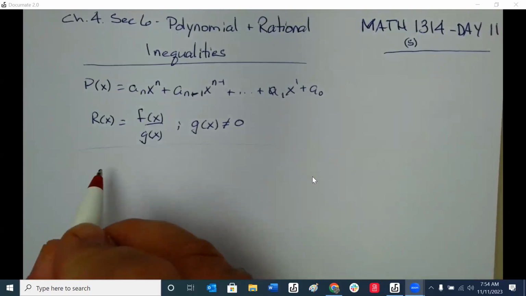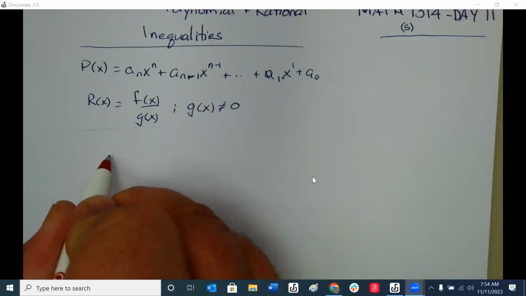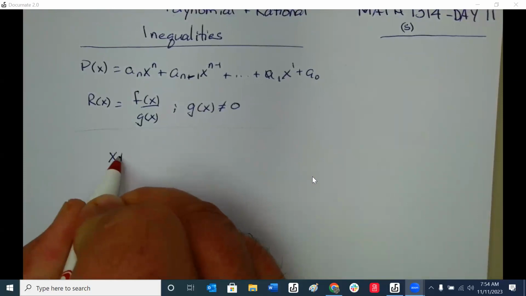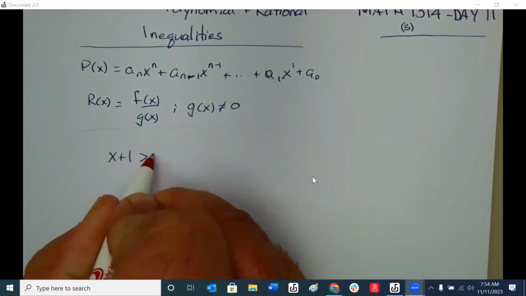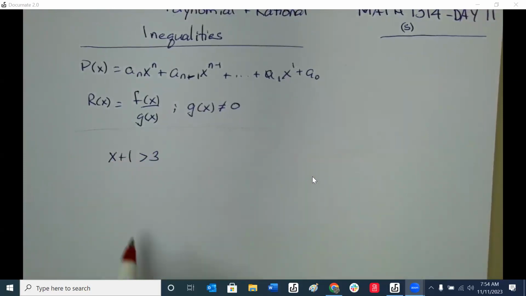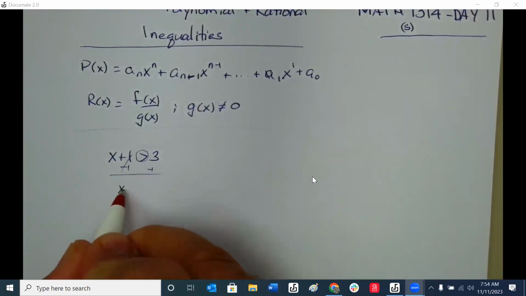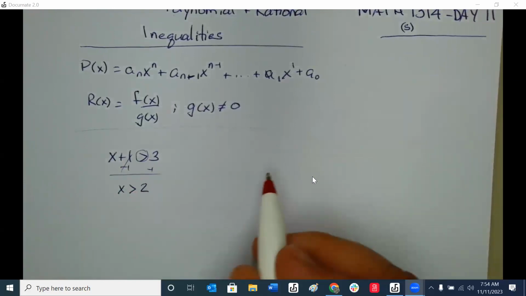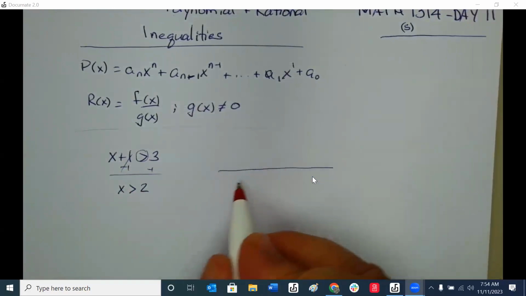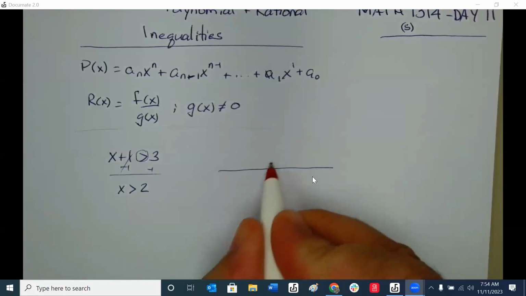When we talked about inequalities earlier in the semester, we looked at something like x plus 1 is greater than 3. What we did is treat this as an equal sign. So I subtract 1 from both sides, and we have our number is 2.